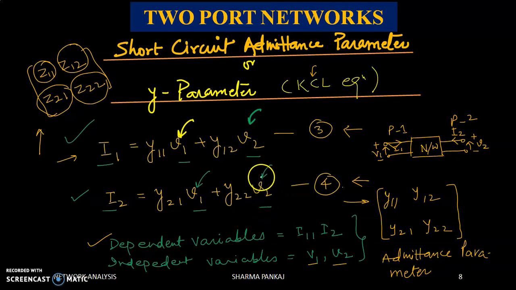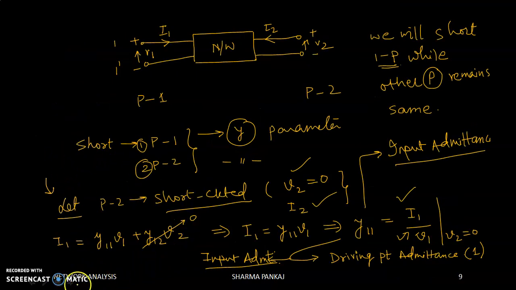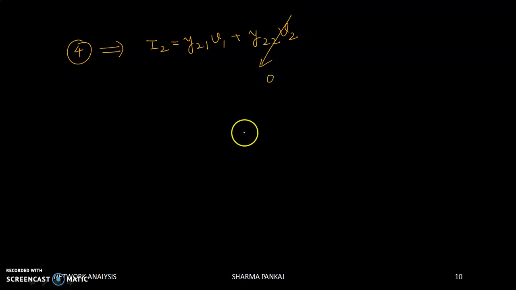V2 can also be 0, so from equation number 4 we can have I2 is equal to y21 v1 plus y22 v2. When v2 has been made 0 for short circuit, that term will become 0.